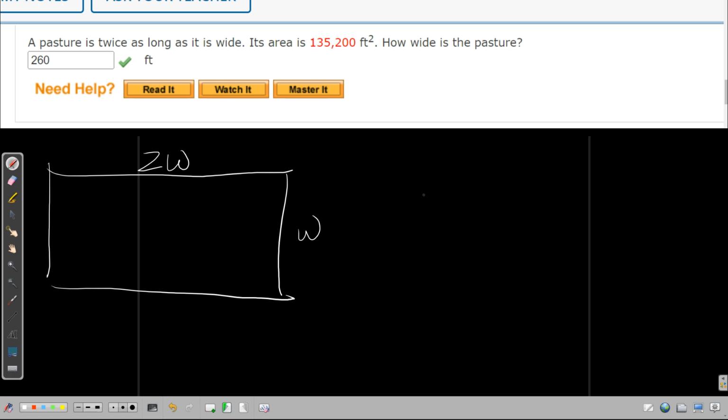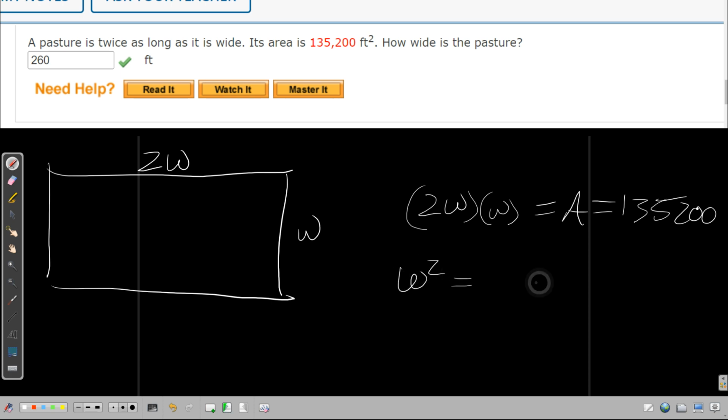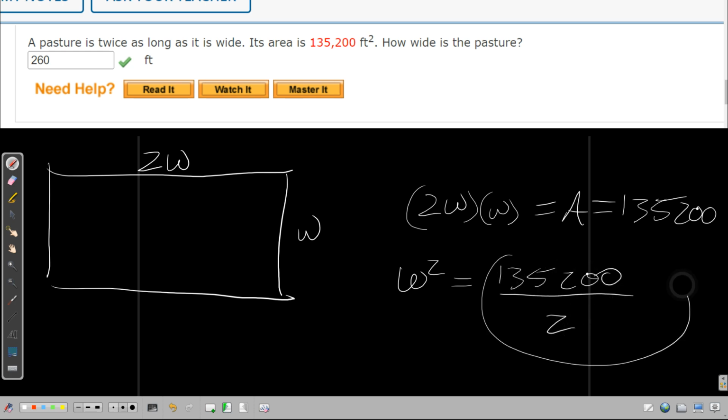And the area, being length times width, we are told is 135,200. So then W squared should equal 135,200 over 2, and you will see that that number is a perfect square.